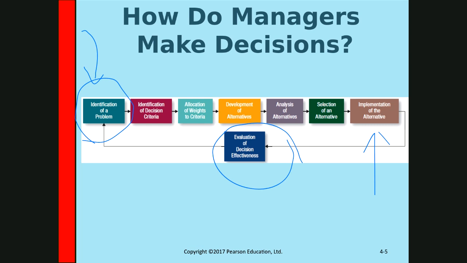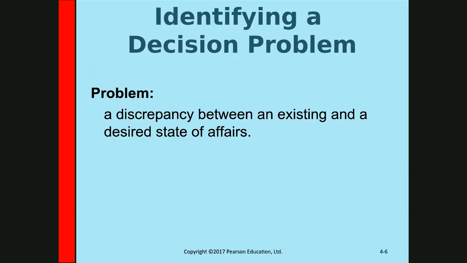So, let's take a look at the first one. Identification of a problem. So, usually, what is a problem? A problem is usually a discrepancy between what is existing and the desired state: something goes wrong, something that you need to rectify, and things which are not in the desired state.